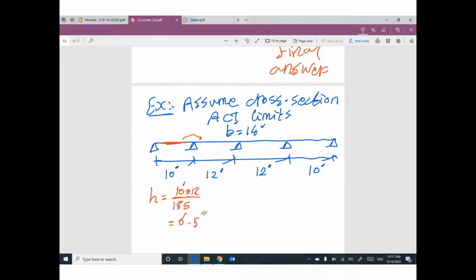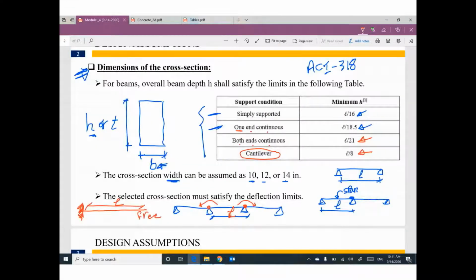Very small. That's fine. What about this span? What do you think about this span? I think this span is continuous from this side and this side, from this end and this end. So you are talking about this case. Both ends continuous.